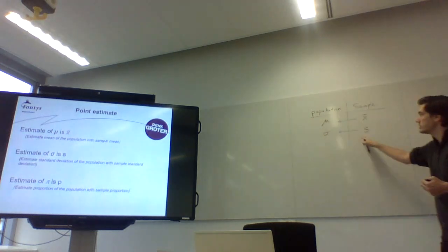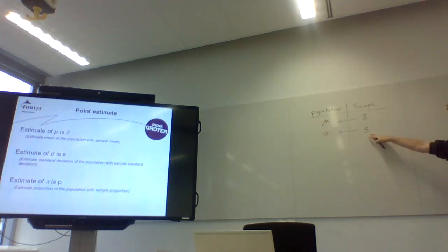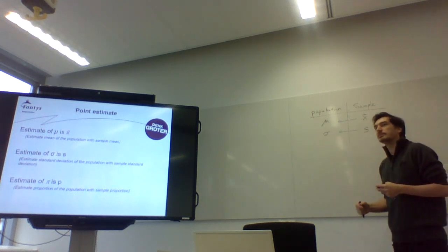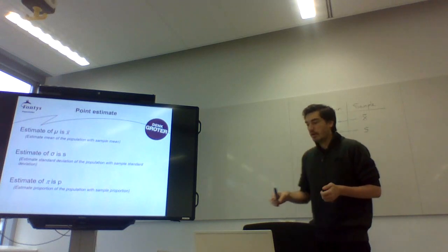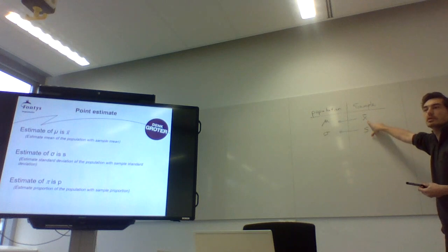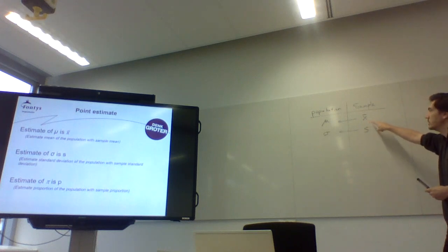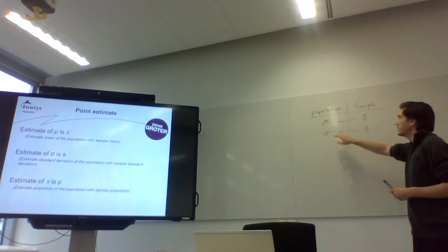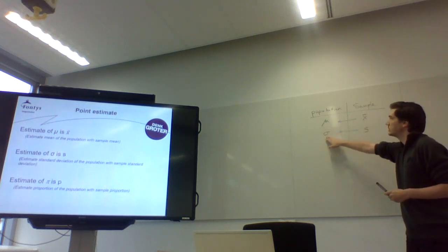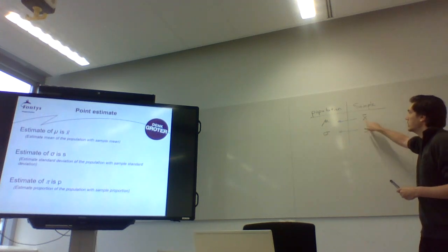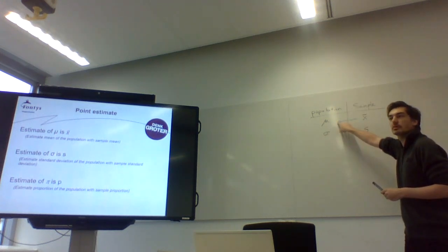We can use the standard deviation of our sample, which is S, to say something about the standard deviation of our population. But while we normally will use a sample average to estimate something about the population average, we will need to either use the standard deviation or the sample standard deviation to make this estimate.